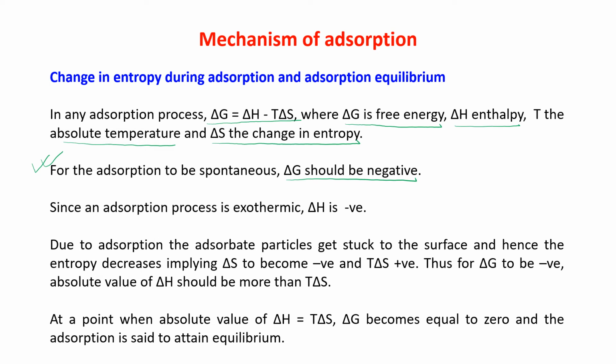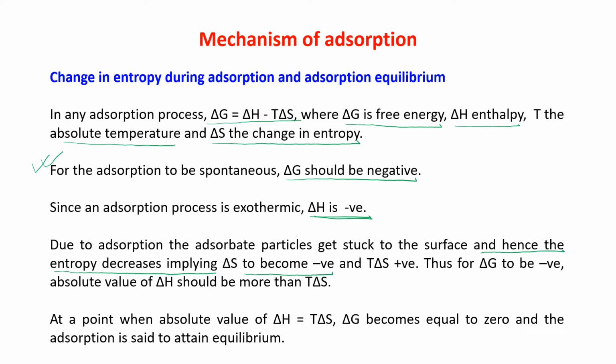Since an adsorption process is exothermic, as I told you, naturally delta H is negative. Now, due to adsorption, the adsorbate particle gets stuck to the surface and hence the entropy decreases, implying delta S is negative.